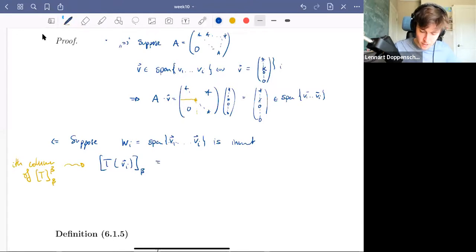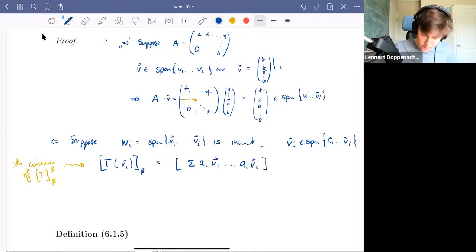But by assumption, because in particular vi is in the span of v1 to vi, we know that the resulting vector has to be also in the span. This is because of invariance. So this means what we can have is only a linear combination of the first i vectors. This we know because Wi is invariant.